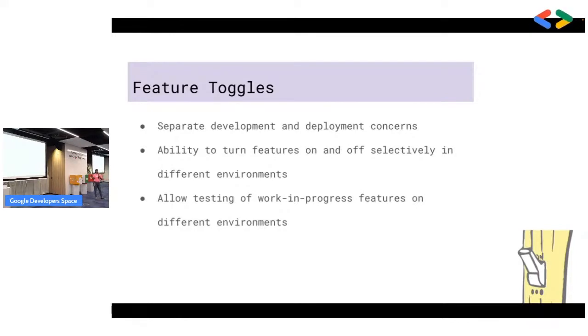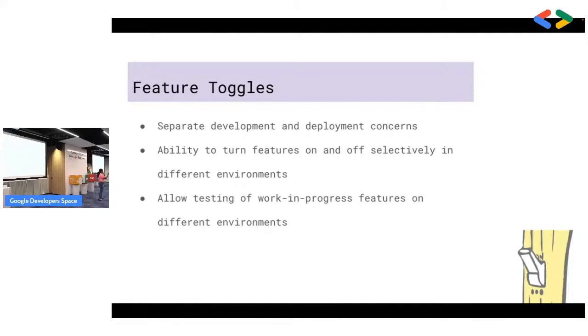In your deployment environments, you only turn on things that are 100% complete, that are tested, you have test coverage over it, everything's working as expected. Feature toggles give you the ability to turn features on and off selectively across different environments. And I hopefully have a diagram that will show you how that would work. And it gives you the ability to test work in progress features across different environments.